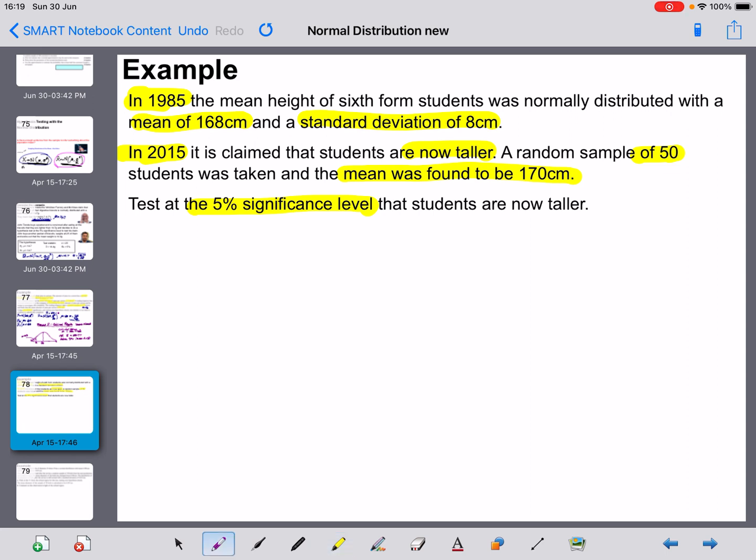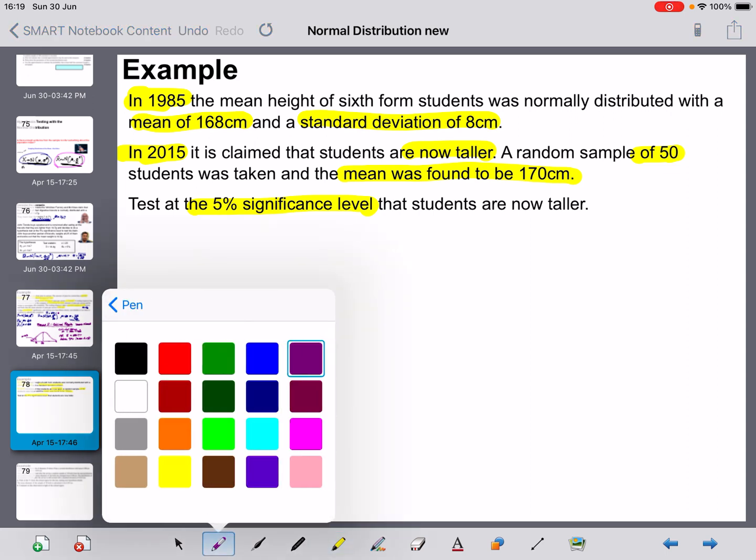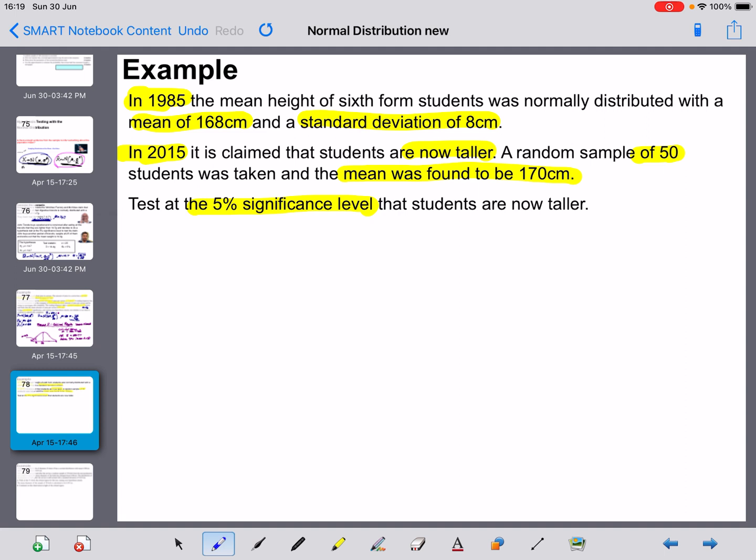Okay. So, in 1985, the mean height, X, was normally distributed with a mean of 168 and a standard deviation of 8. Okay, so that's what we know is factually correct.